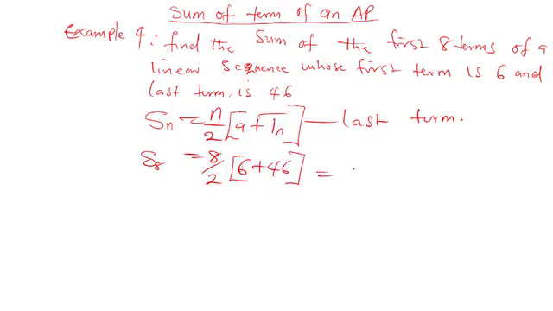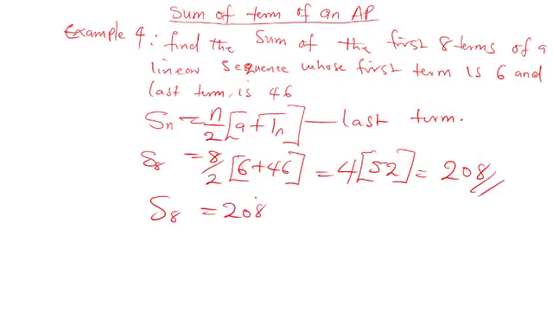So we have 8 over 2, which is 4, in bracket 6 plus 46, which is 52. So 52 times 4 gives us 208. The sum of the first 8 terms is 208.